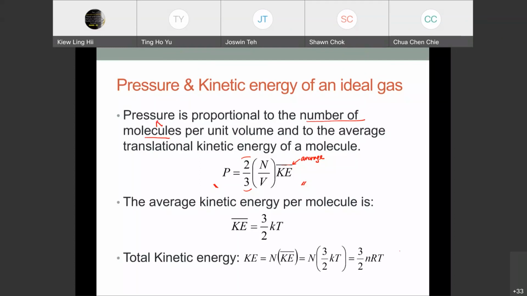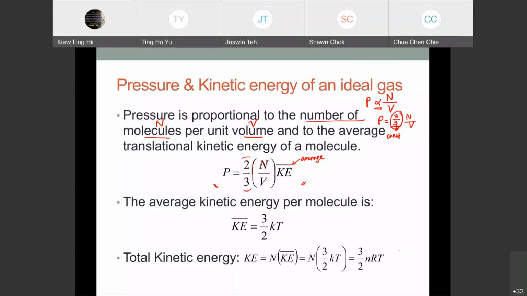Volume is V. So put them in equation, P directly proportional to N over V. Whenever we want to convert a directly proportional into an equation, there must be a constant. In this case, this constant is represented by 2 over 3. This is a constant value. 2 over 3 times N divided by V.